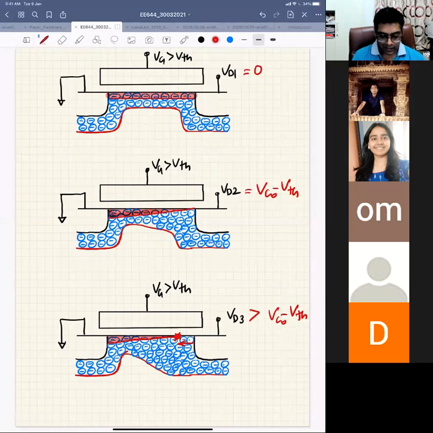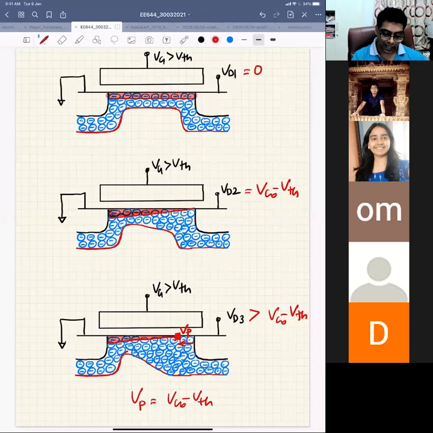Please keep in mind, the voltage at the pinch off point is always VGS minus VTH, right? Let's say this is my pinch off point, and the voltage at the pinch off point is always VGS minus VTH, because the charge will become 0 when your voltage becomes VGS minus VTH.